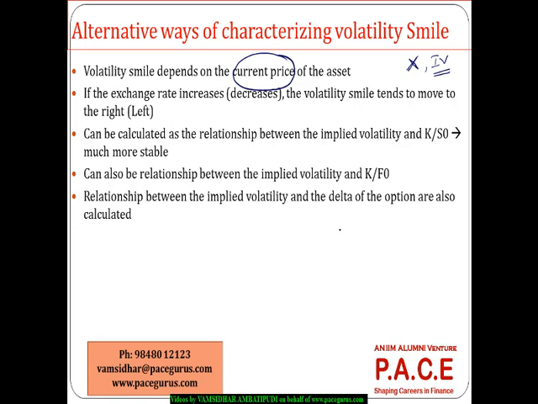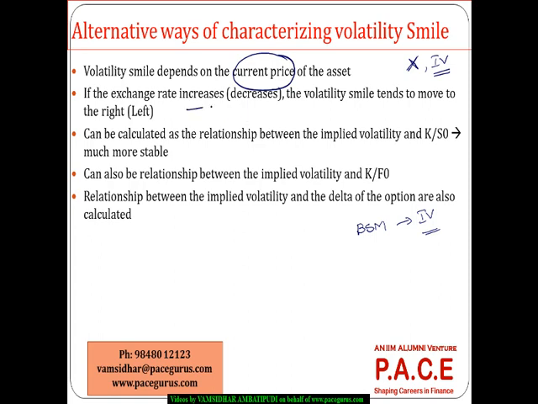Because that is where we are using the Black-Scholes model or some other model to derive the implied volatility. So depending on the stock price, I will make out whether it is an in the money, out of the money, or at the money option. And the volatility smile shape is coming purely because of that.